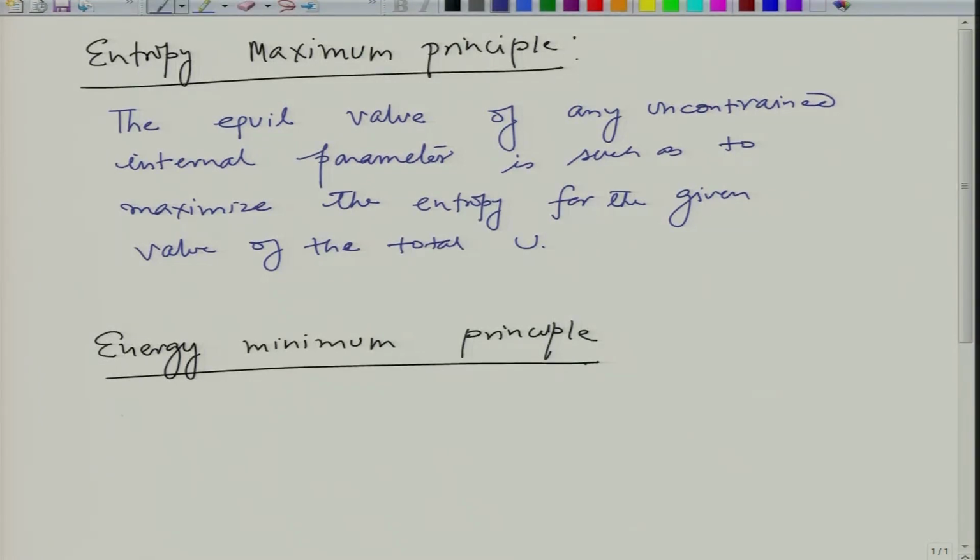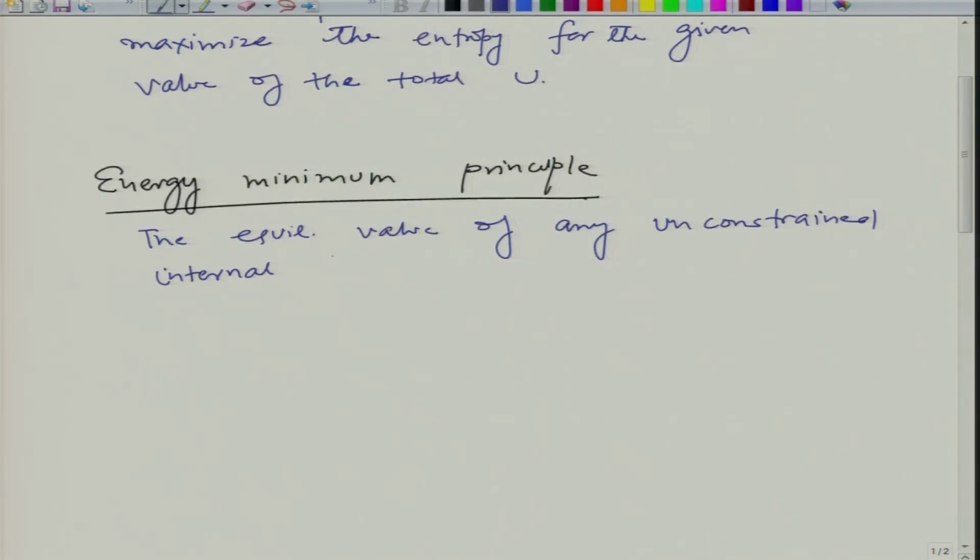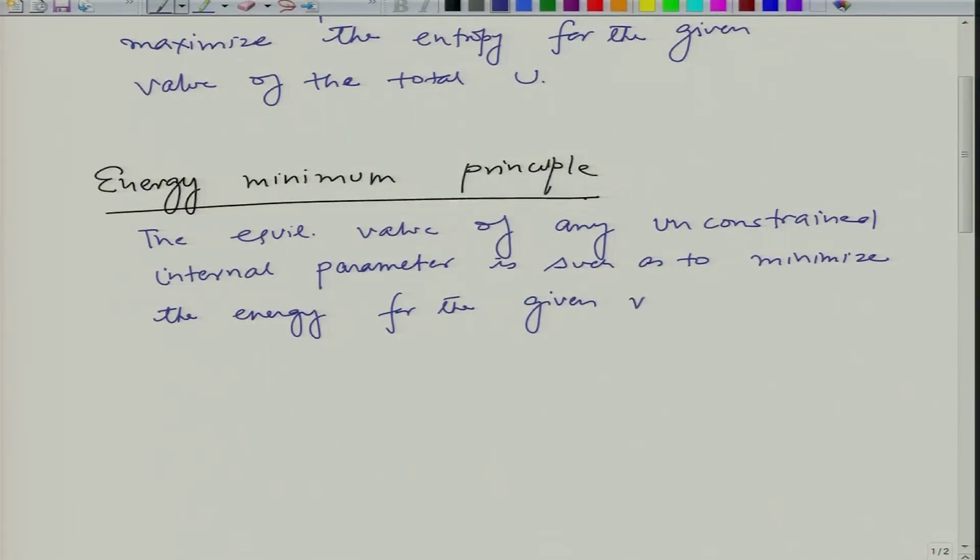Which says that the equilibrium value of any unconstrained internal parameters is such as to minimize the energy for the given value of the total entropy.